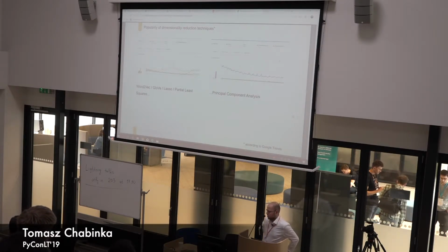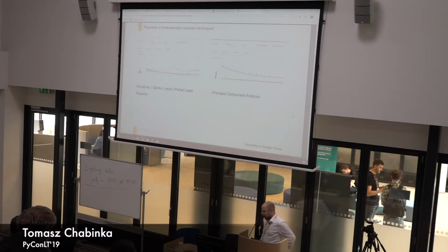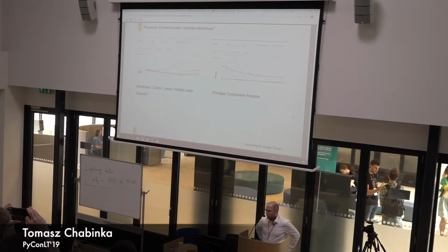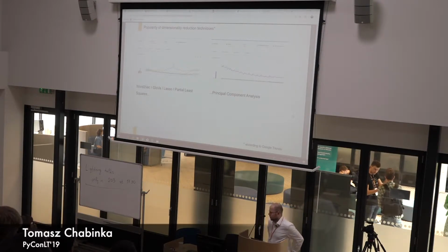It's as popular as the lasso technique. GloVe is not so popular, and partial least squares, which is like the PCA for supervised learning, is not very popular. But when we compare all these techniques with PCA, we see that PCA is still the king in this world.